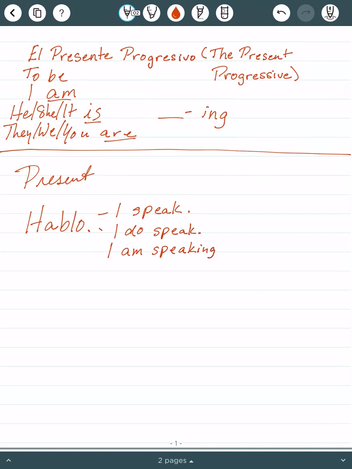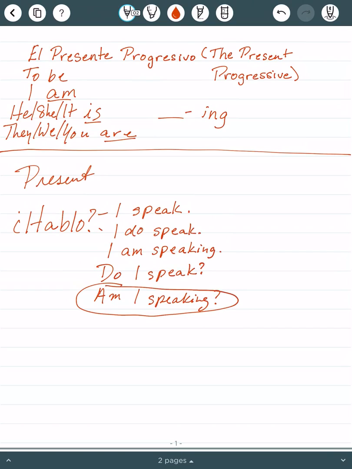And then if it's a question, it can mean do I speak, and it can mean am I speaking. So this am I speaking and I am speaking, in English, that's the present progressive.